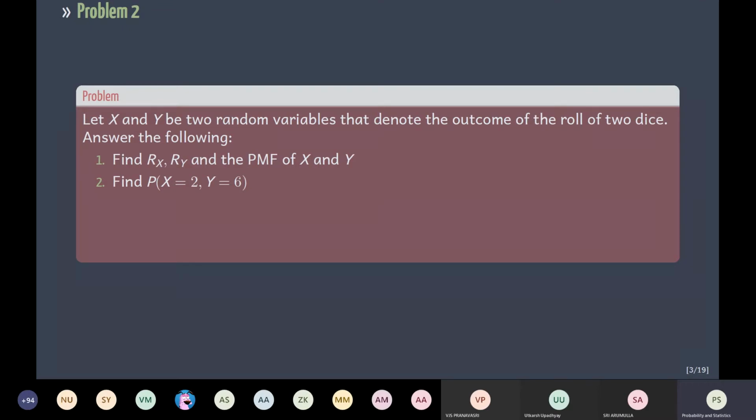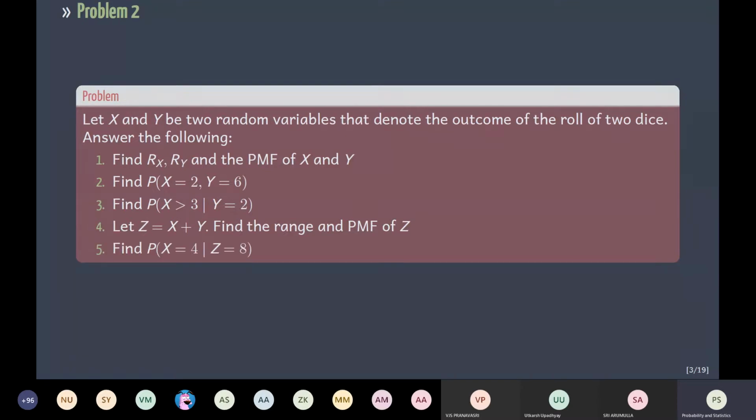Find probability that x is greater than 3 given that y is equal to 2. Let z be the sum of x plus y, and then find the range and PMF of z. And the last question is find probability that x is equal to 4 given that z is equal to 8.